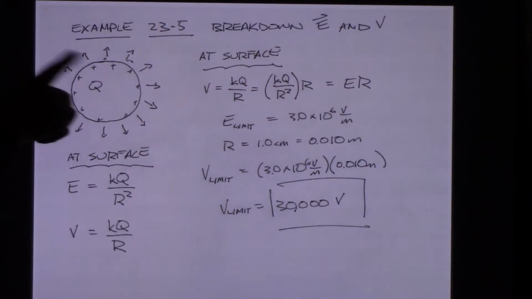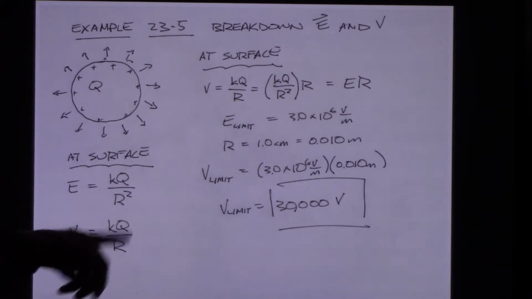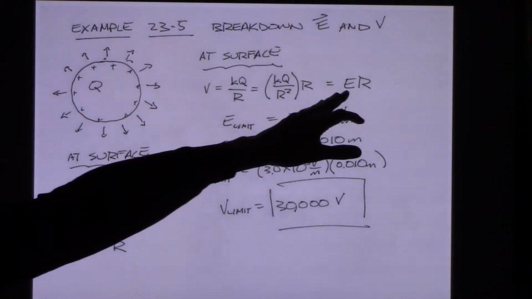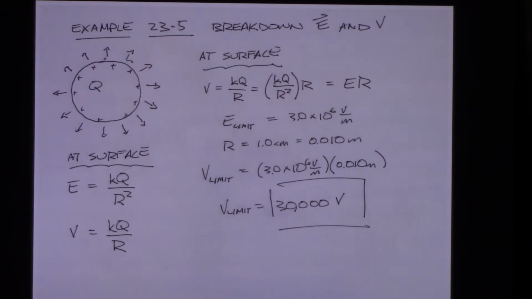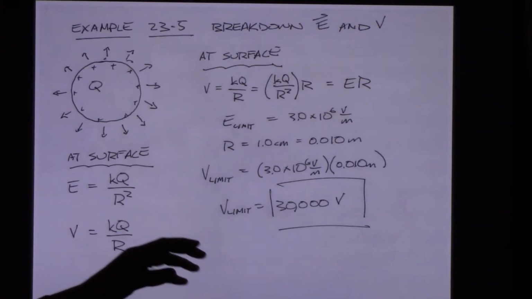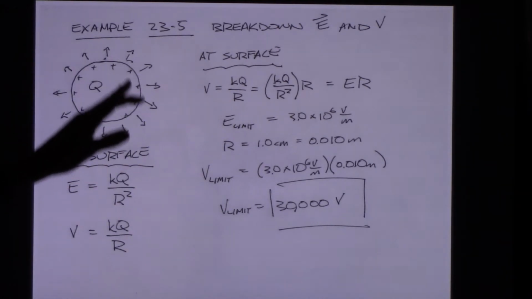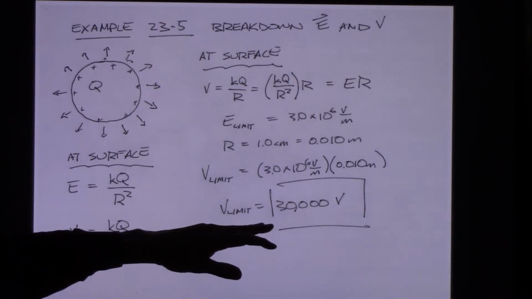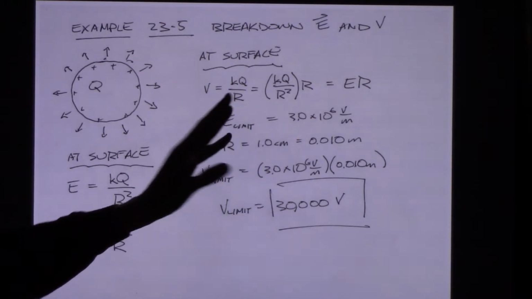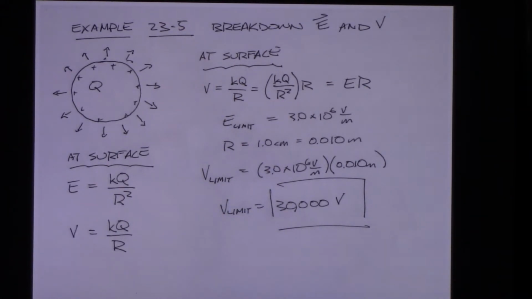For a spherical geometry, these formulas are for spherical geometries, it just becomes E times R. If it were a different shape, it would be a different breakdown voltage. So for a spherical conductor, I plug the numbers in, and the breakdown voltage is going to be 30,000 volts.